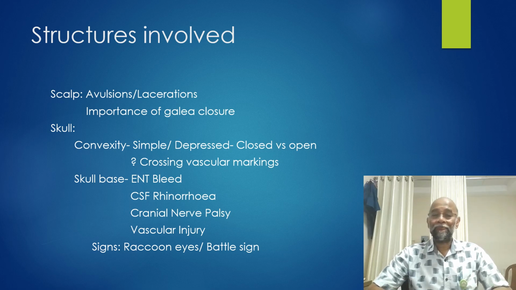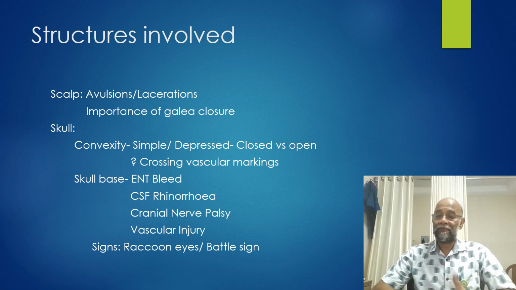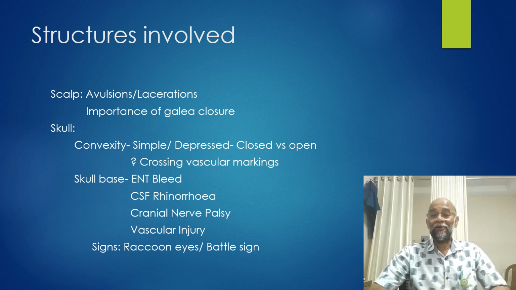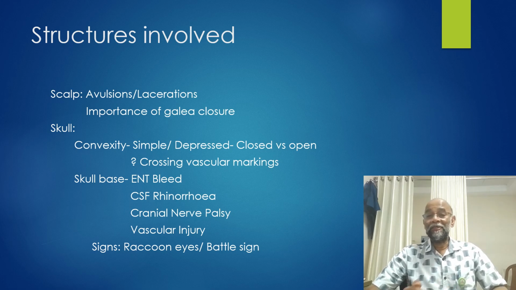Going to the skull, you can have convexity fractures or skull base fractures. Once you see a convexity fracture on an X-ray or a CT or clinically, the first thing you wonder is, is it simple or is it depressed? Sometimes just the fact that the galea is split under intact skin might give us an impression of a depressed fracture.